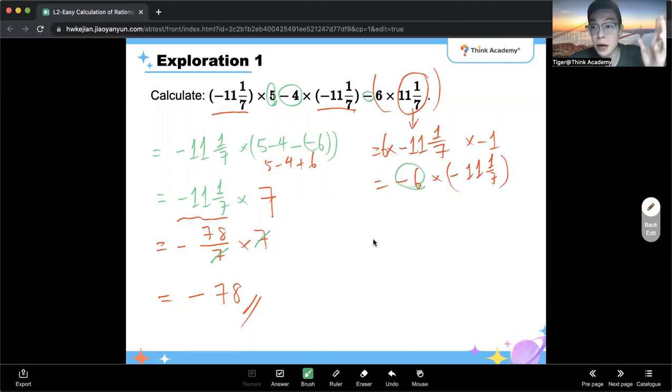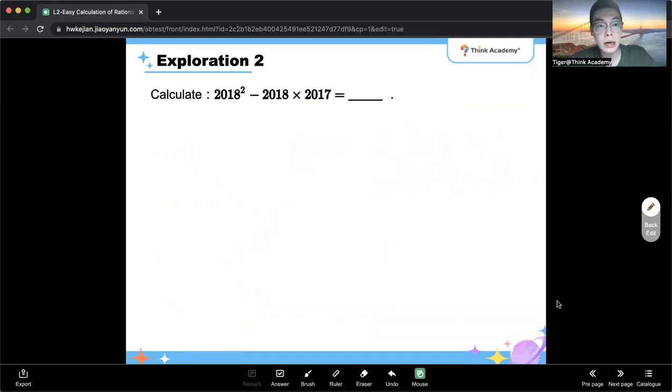So that's one of my personal secret tips. This is super useful. And later, if I have a chance, I'll try to demonstrate it to you a few more times, such that you understand better what I mean. All right. But let's take a look at exploration 2 first.